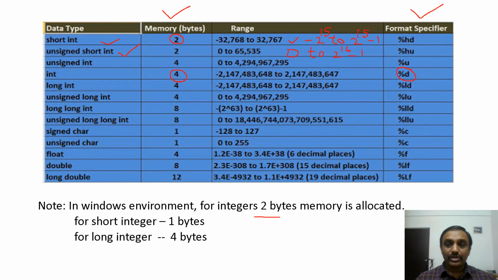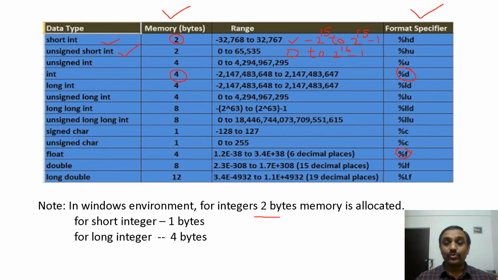For example, if you are reading one integer number and one floating point number, first integer, next floating point number, what do we have to give? Percentage %d and percentage %f. The order also we have to maintain. So that is the use of those format specifiers. Depending on your data type, memory is allocated to your variables.